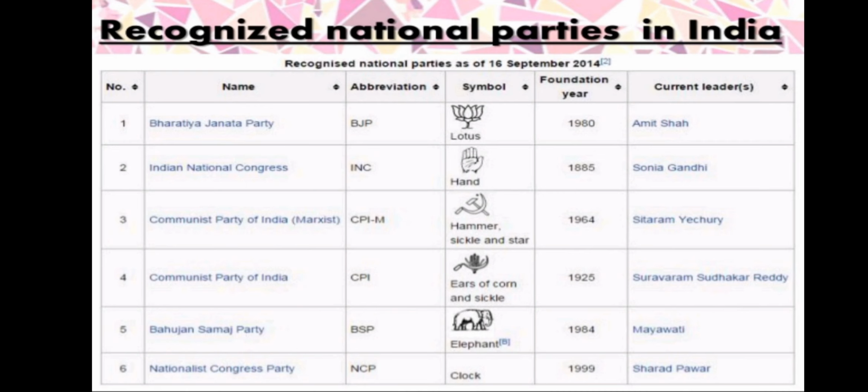This is the list of parties recognized as national parties, those which fulfill the criteria of securing at least 6% of total votes in Lok Sabha or assembly elections in 4 states and winning at least 4 seats in the Lok Sabha.